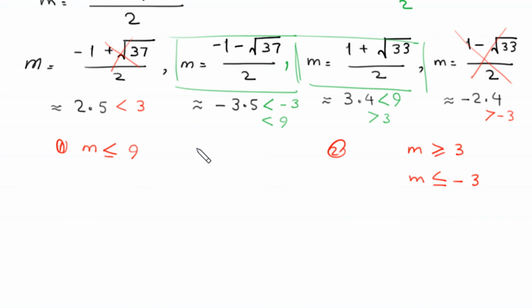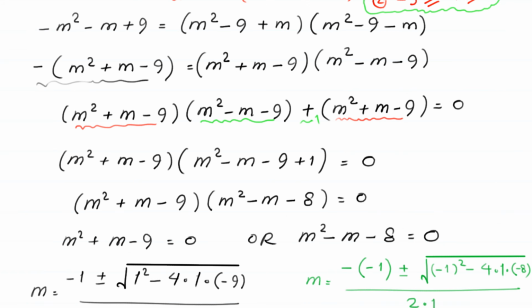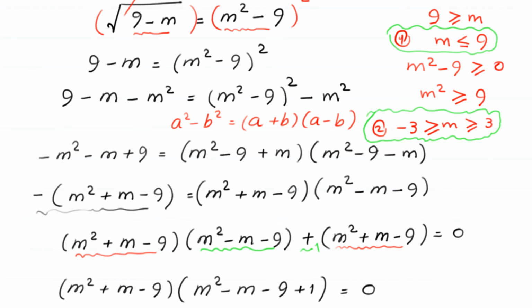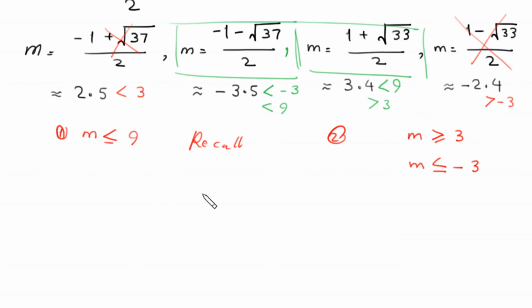Now to find the values of x, recall that we have supposed that x minus 7 is equal to m.